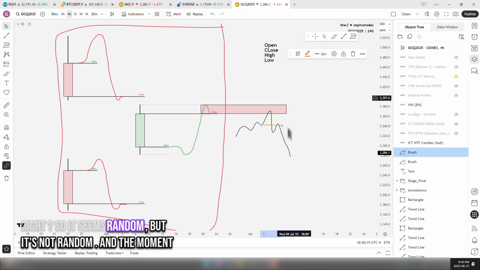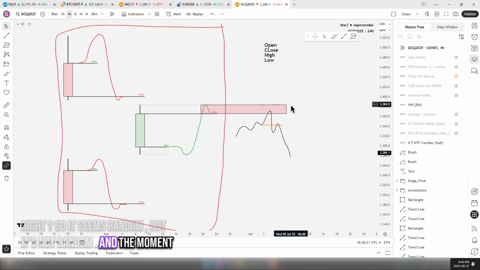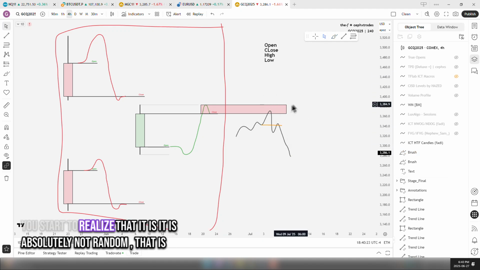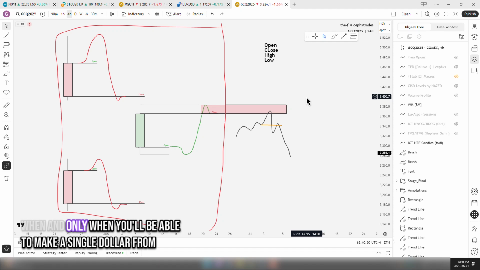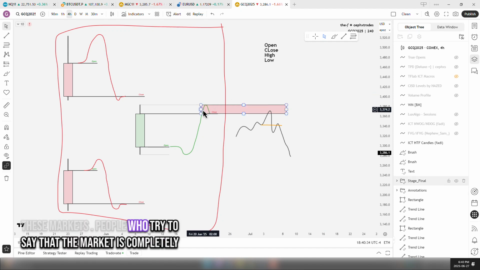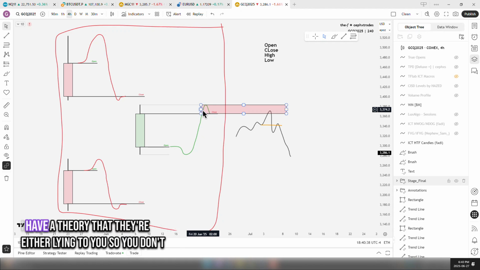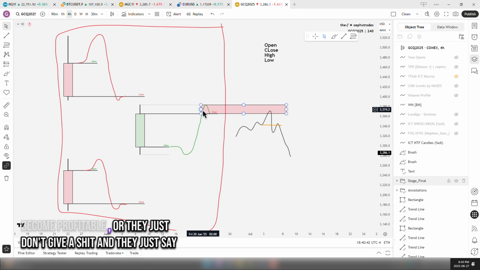So it seems random, but it's not random. And the moment you start to realize that it is absolutely not random, that is when and only when you'll be able to make a single dollar from these markets. People who try to say that the market is completely random, I have a theory that they're either lying to you so you don't become profitable, or they just don't care and say whatever.